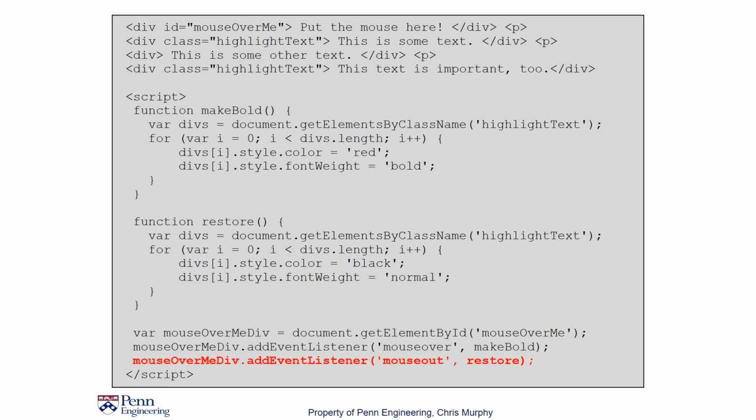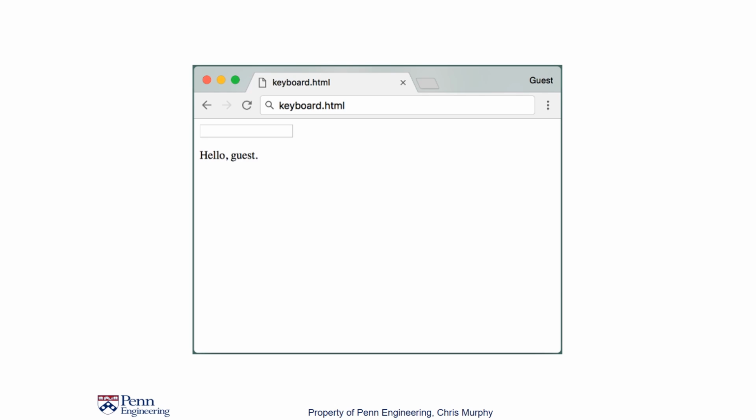Similarly, when the user moves the mouse away from that element, that's the mouseout event. On the mouseout event, we're telling the browser to then call the restore function. That will call this function here, which will get those other elements in this class and set them back to black and normal.